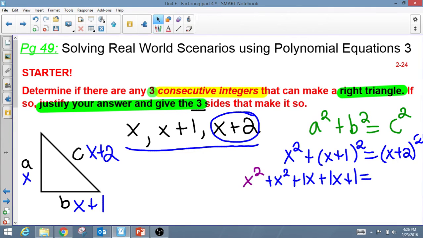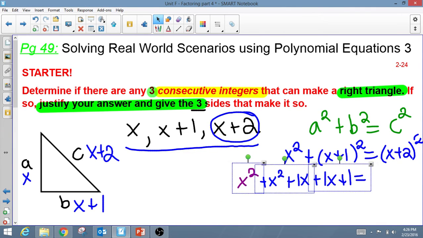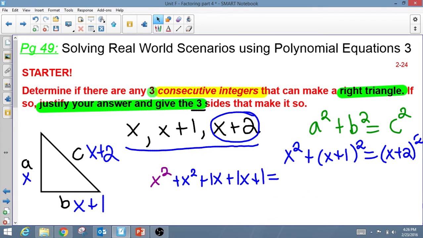Equals, all of that will equal, we need to square x plus 2. So we have x plus 2 times x plus 2 is x squared plus 2x plus 2x plus 4.